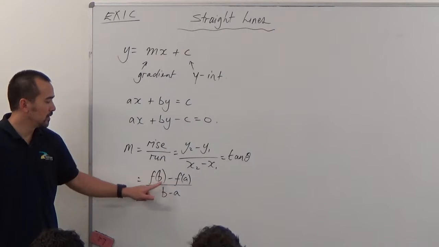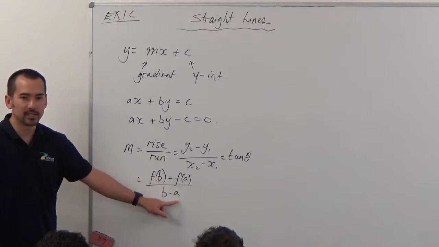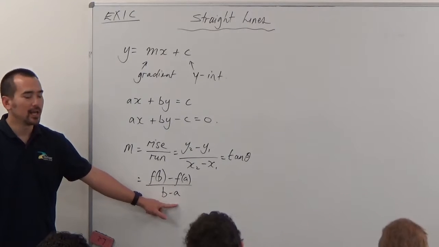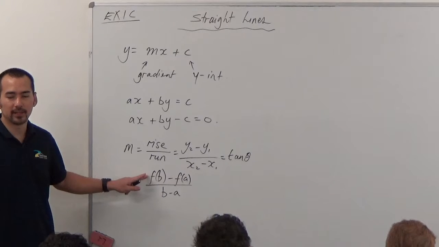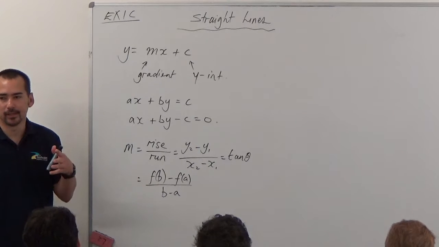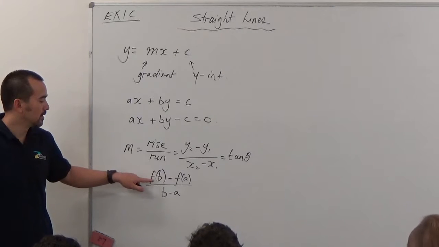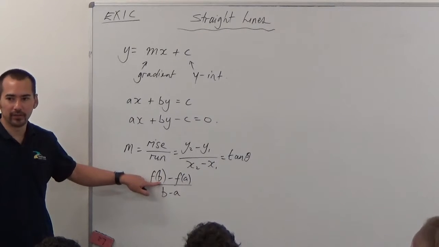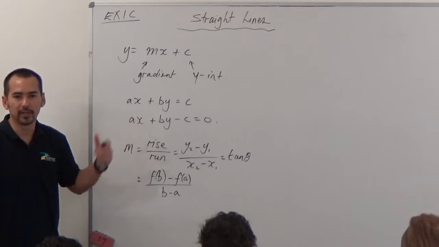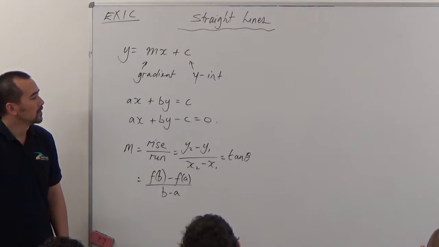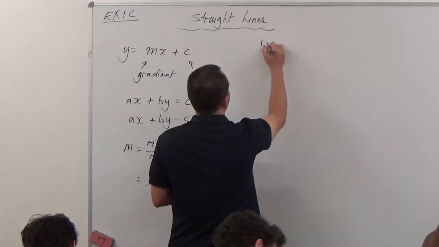That's the y2, that's the y1, that's the x2, that's the x1. Okay. And that's if we're given a function like y equals x squared, we plug in the x into the function and come up with the y2.